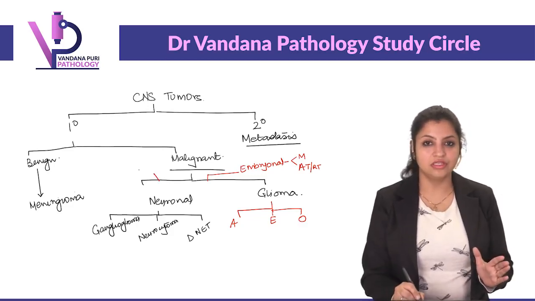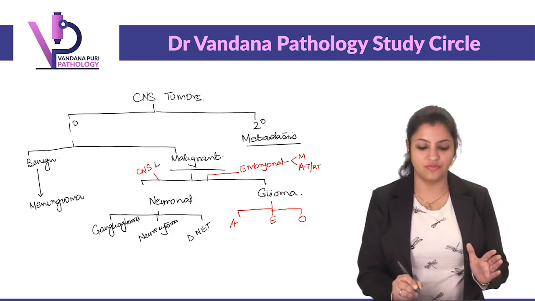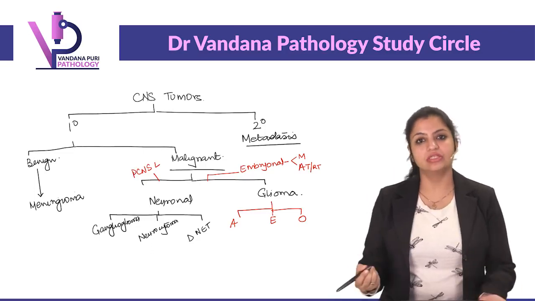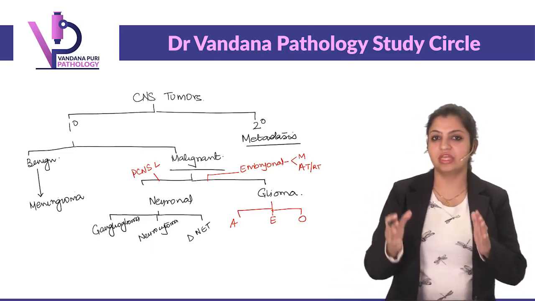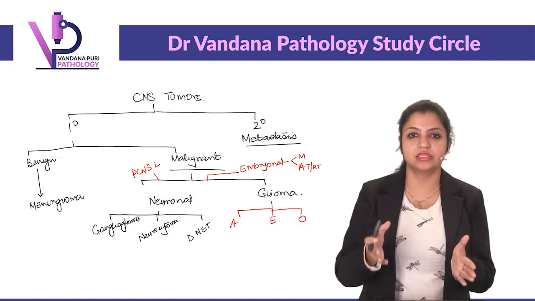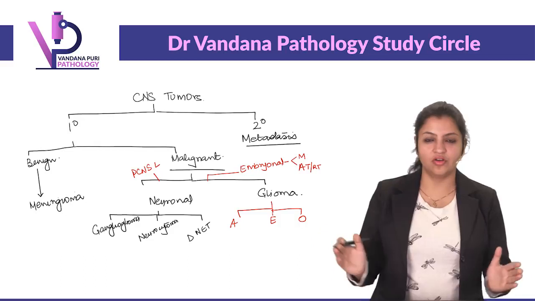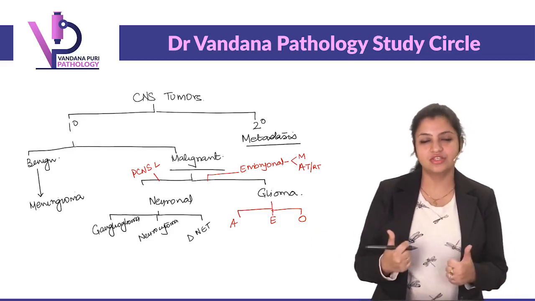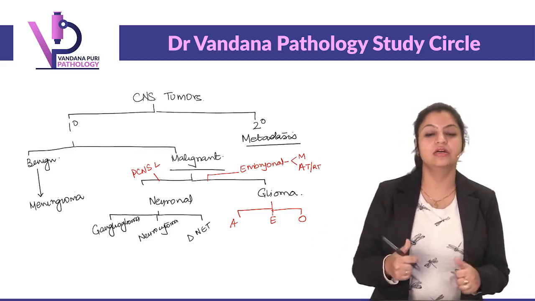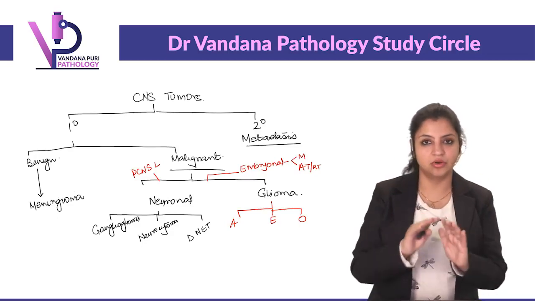And of course, never forget CNS lymphoma, primary or secondary. PCNSL means primary CNS lymphoma. Are we clear with this configuration of the CNS tumors? You should be very clear about these points.